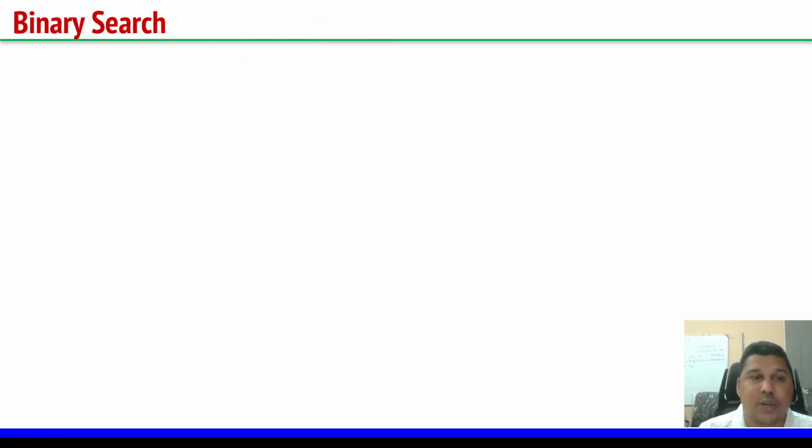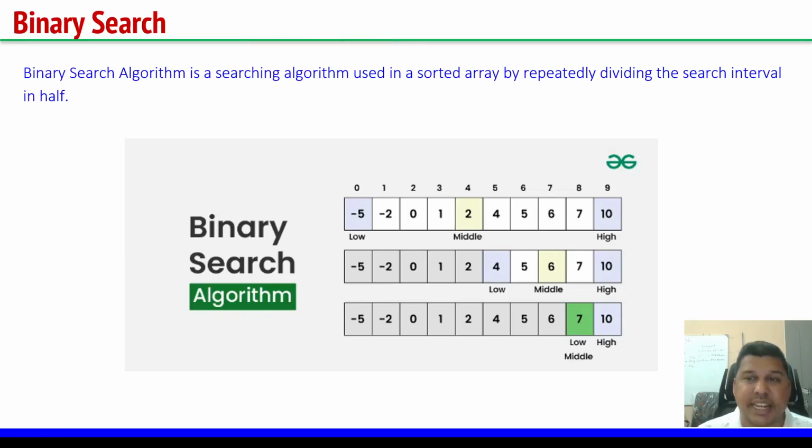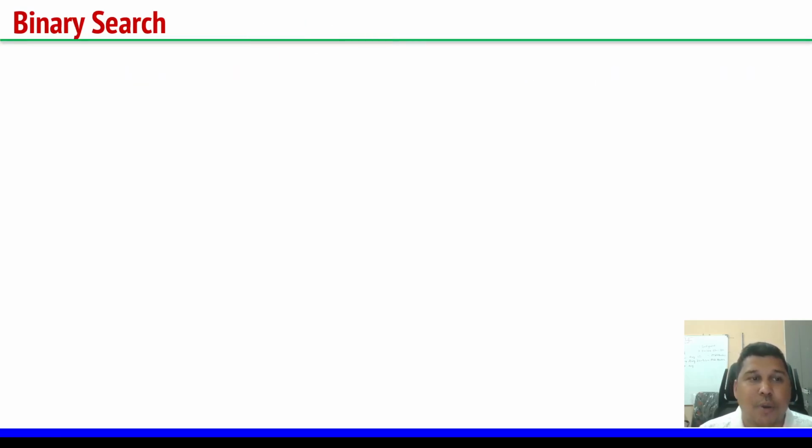Let's try to understand what this binary search is. The drawback of linear search, you understood that in the worst case, though I know the element is at the end, my logic keeps traversing all the elements, 0, 1, 2, 3 and so on till 999, and then I am able to find it.